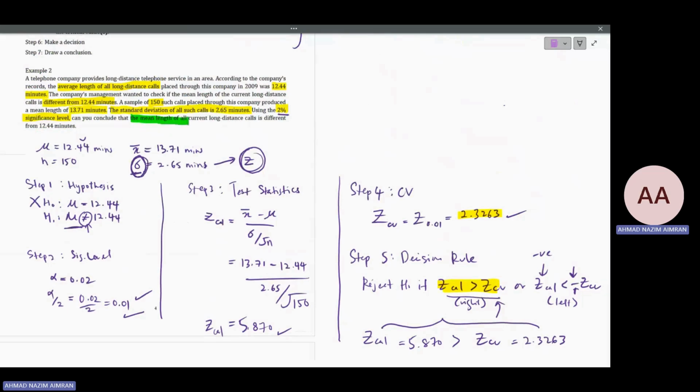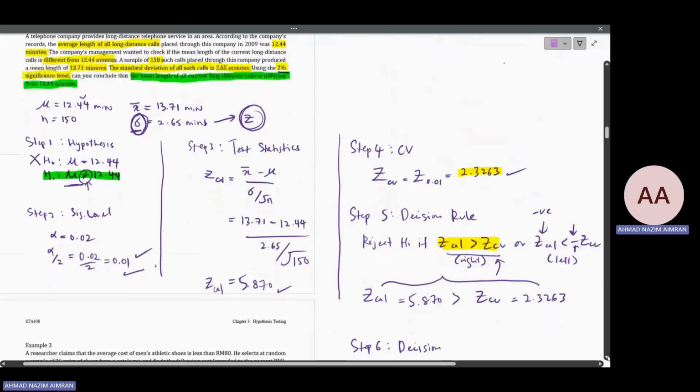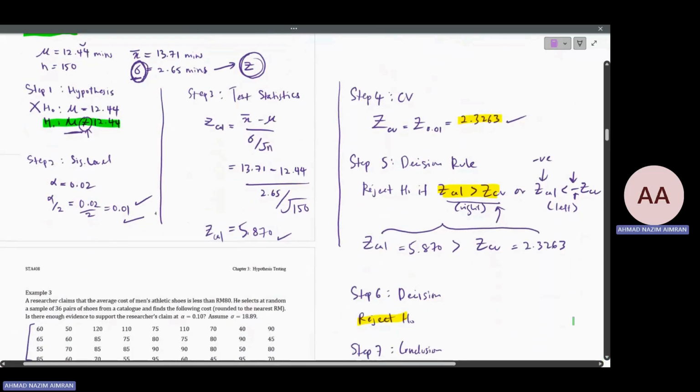It is from the question, because remember, anything that we conclude is based on the alternative hypothesis, and the alternative hypothesis we get from the question. All right, and this is for the two-tail test.